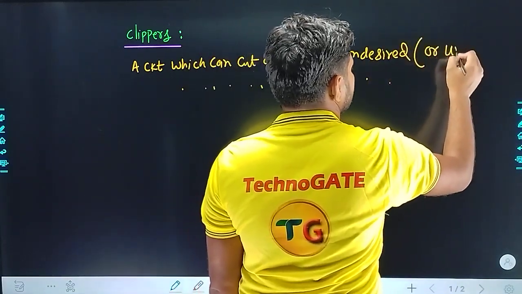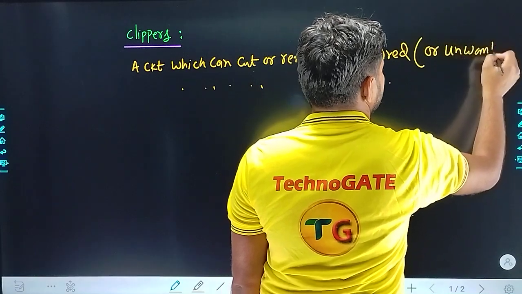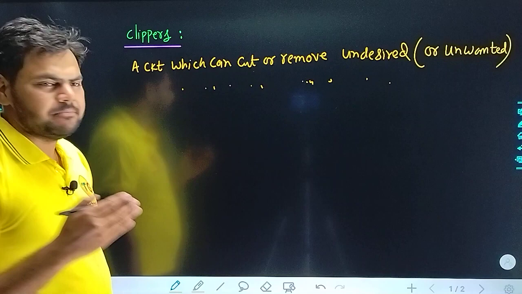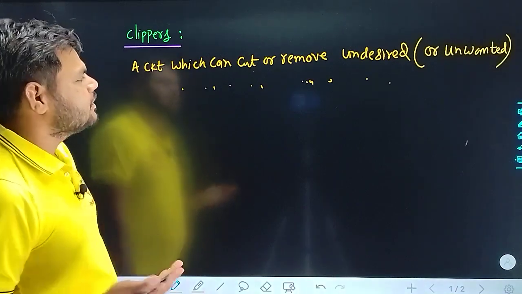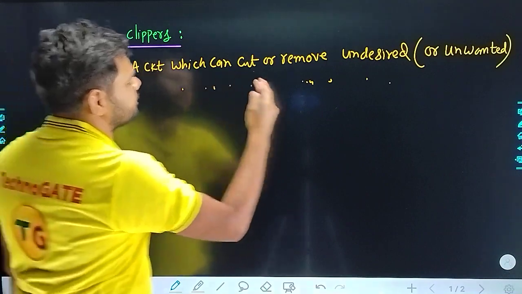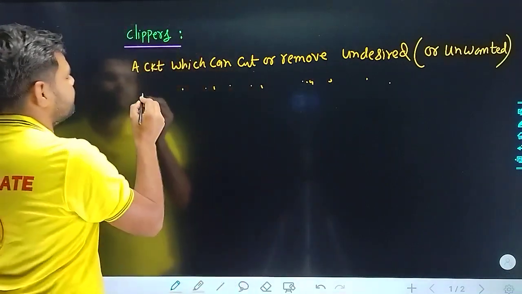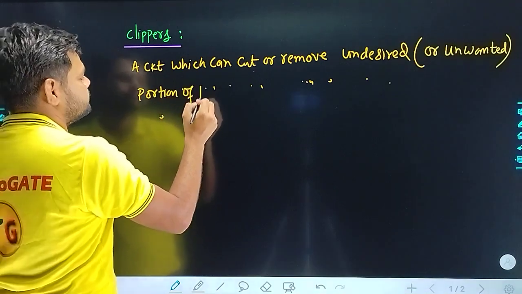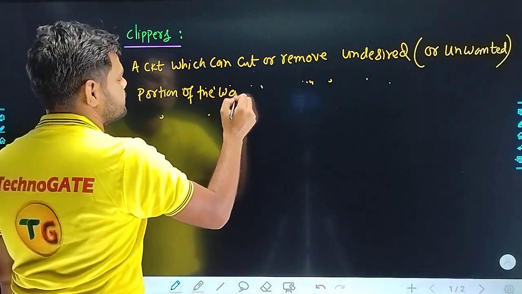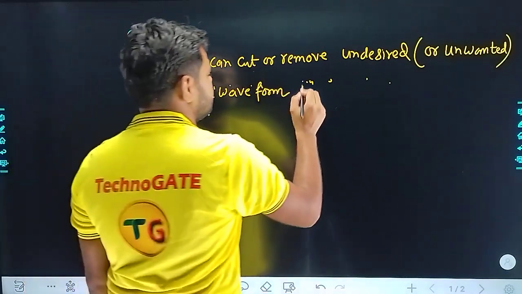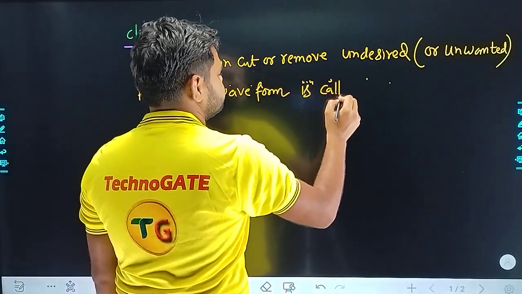That means we don't require that particular section of the given waveform, so we will simply remove or cut that undesired portion of the waveform. A circuit which can cut or remove the undesired portion of the waveform is called a clipper.